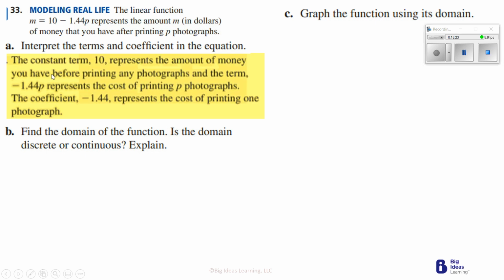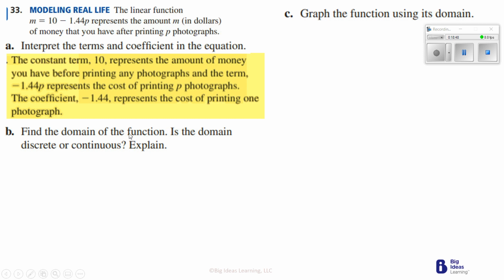It represents the amount of money you have before printing any photographs. Then we're subtracting $1.44 per photograph, right? And the term negative 1.44p represents the cost of printing photographs. So the coefficient negative 1.44 represents the cost of printing one photograph.